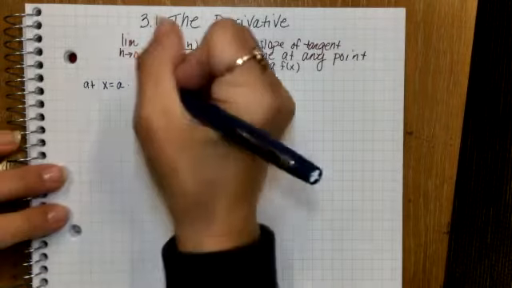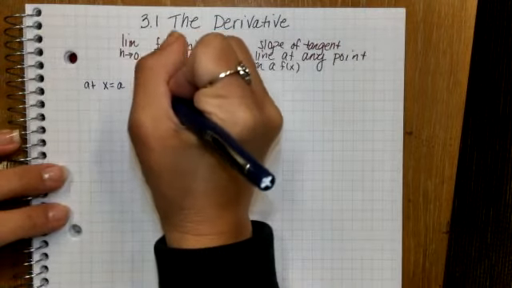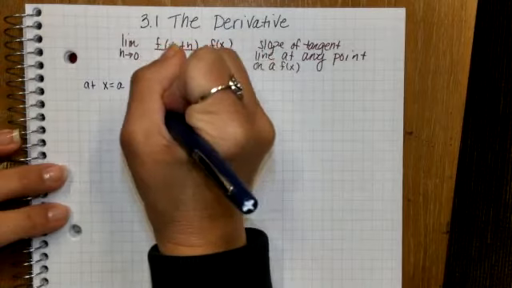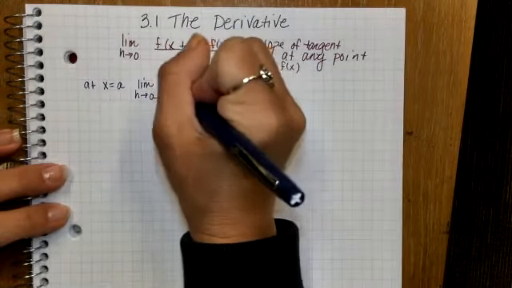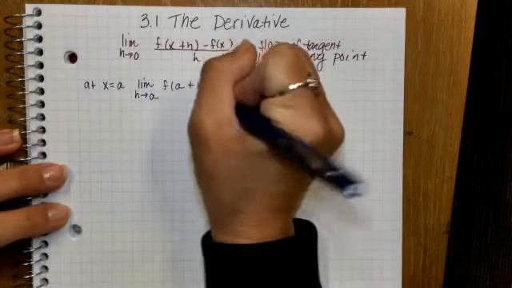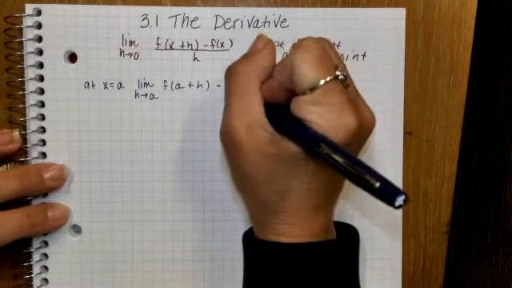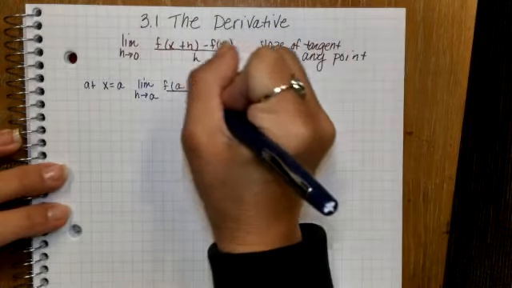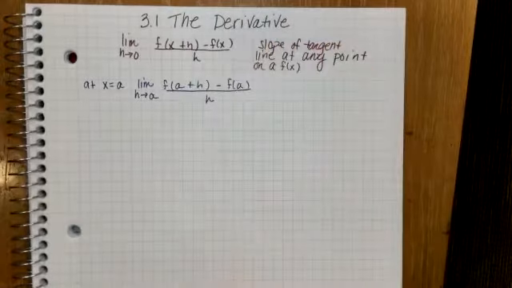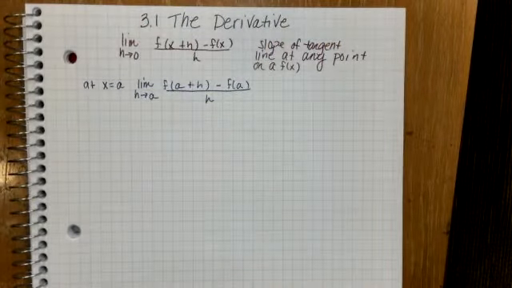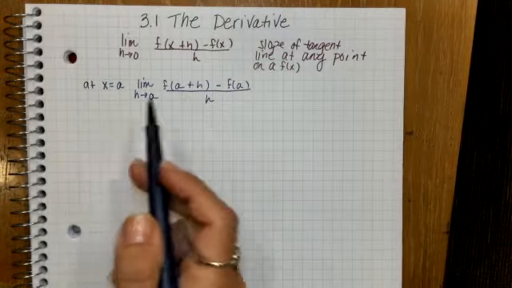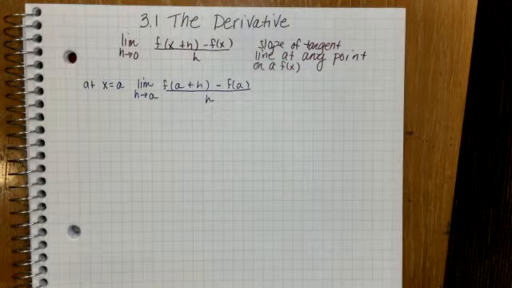At x equals a, it's going to be the limit as h approaches 0 of f of a plus h minus f of a all over h. This is generically for any tangent line along the curve, and this is for a specific point of the tangent on a curve.